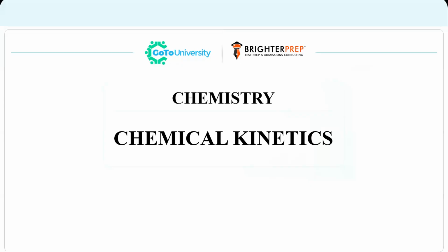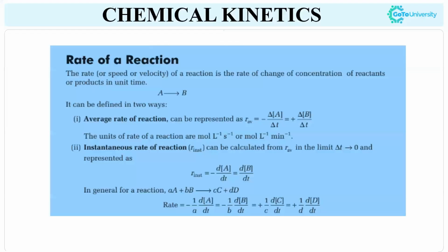So the chapter is chemical kinetics. First of all, this chapter deals with the rate of reactions, how the rate depends on several factors, what the factors affecting the rate are and how they affect it. Then, what is order, what is molecularity, and how order and molecularity are different.